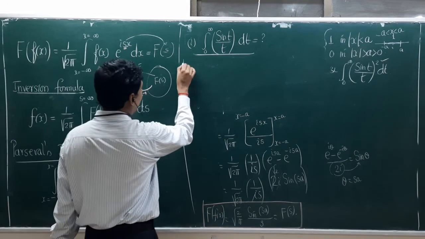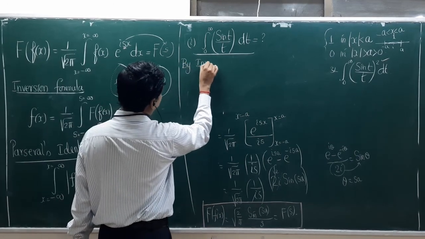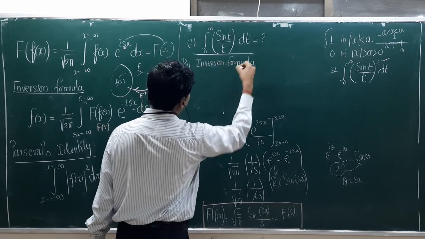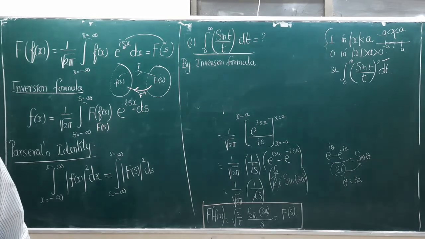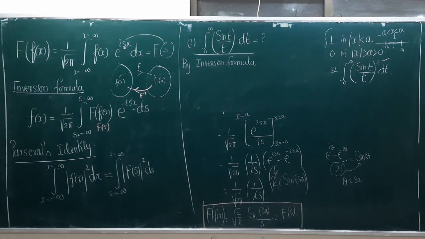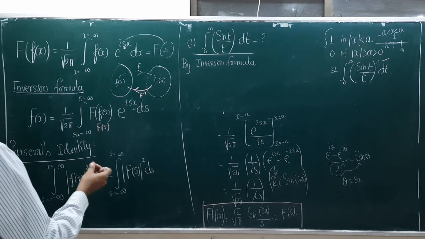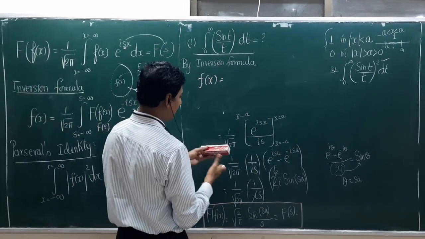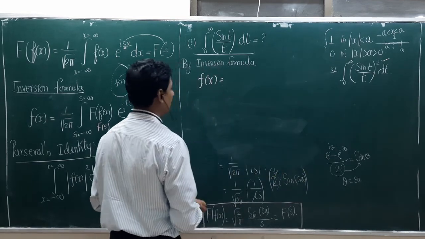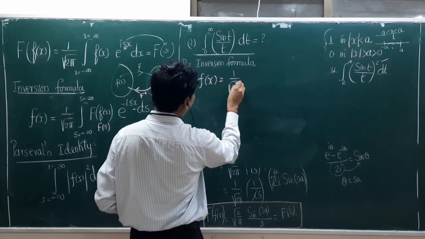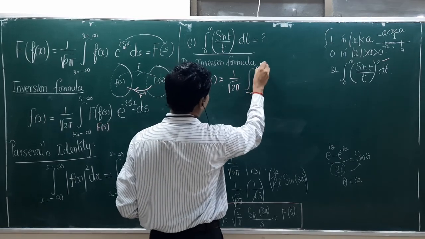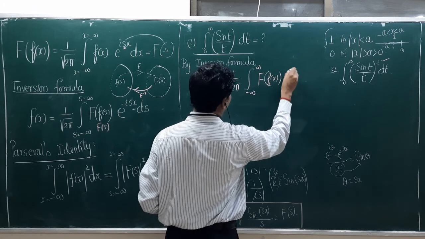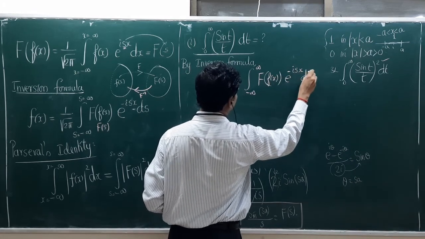I want to use the inversion formula for the complex Fourier transform. The inversion formula for the complex Fourier transform is f of x equal to 1 by square root of 2 pi, integral minus infinity to plus infinity, Fourier transform of f of x into e to the power minus isx into ds.